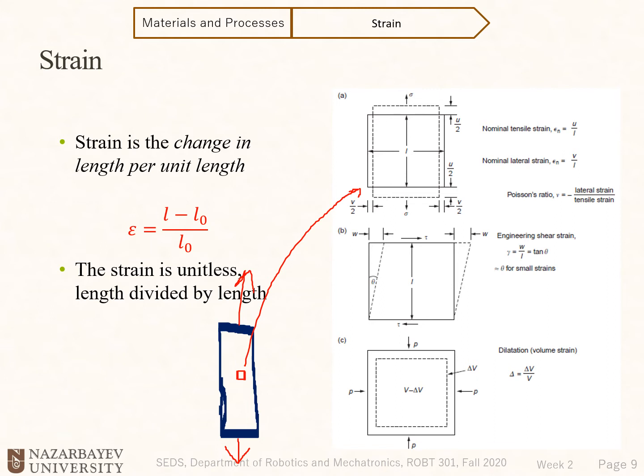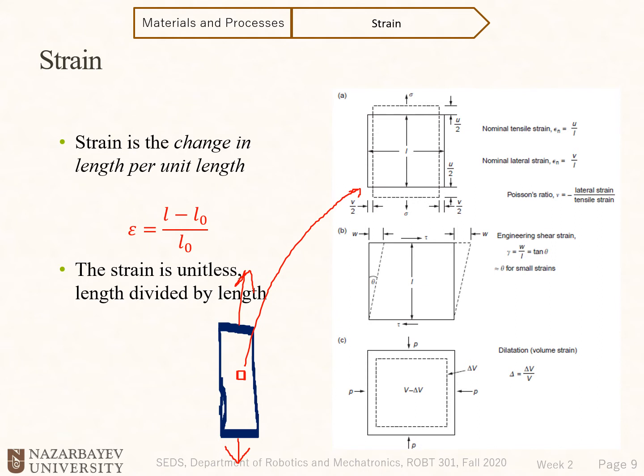The stress applied to this element is sigma, and that element is changing its length. The initial length of this small infinitesimal element is L, and the change of the length is U. So the nominal tensile test strain, epsilon n, is U divided by L.